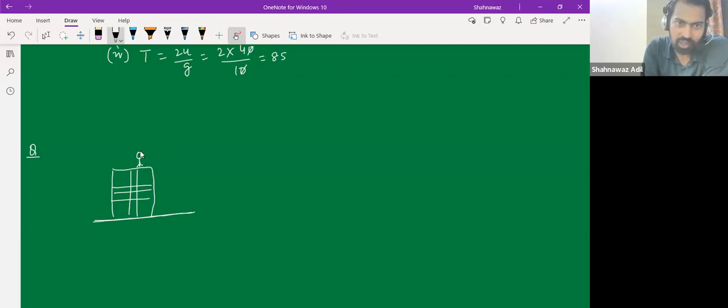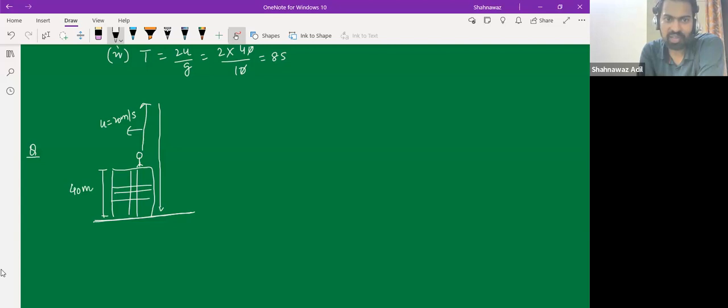He throws the ball upward, and then the ball comes in the downward direction, right? The boy throws it with some velocity, let's say 20 meters per second, and the height of the building is 40 meters.